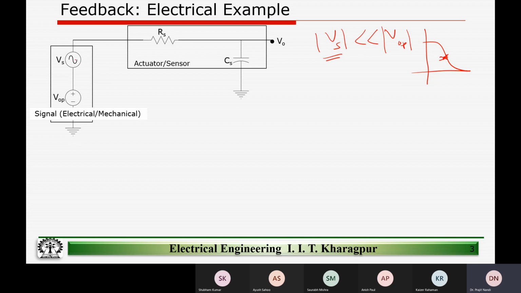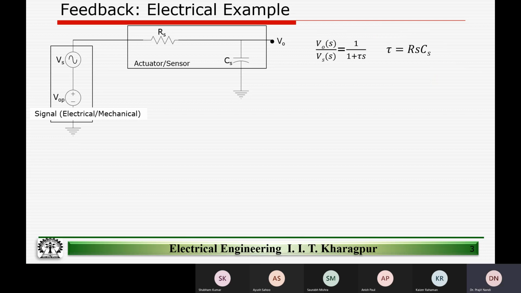So this Vs should be the input signal, much smaller in magnitude than the biasing voltage or the condition that we are applying to ensure that this whole actuator or transducer works at the right operating point. So this should be clear, right?